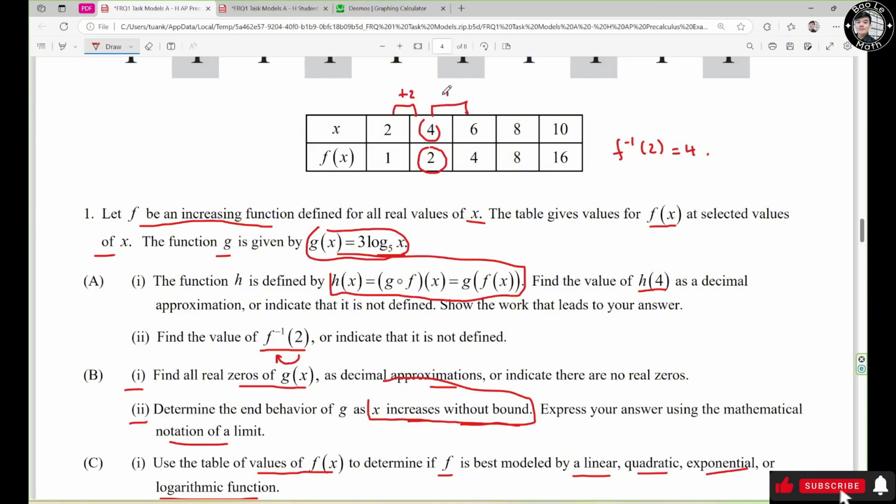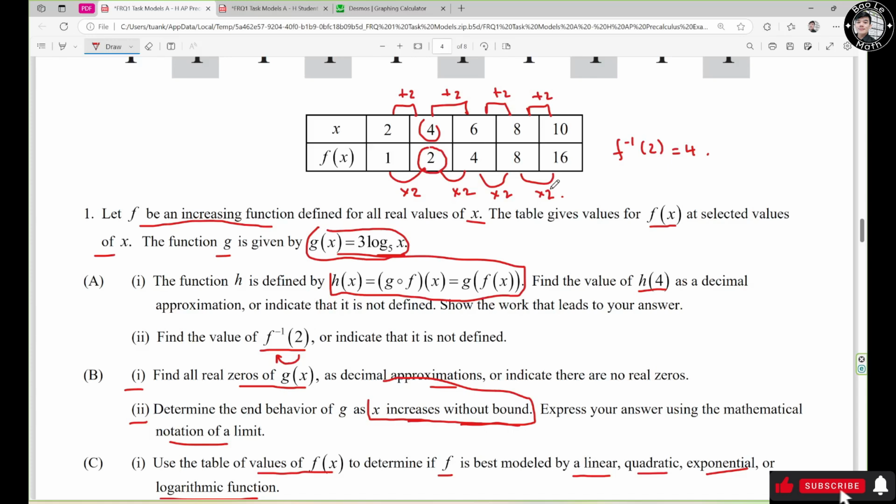This guy add 2, this guy add 2, and this guy you're going to add 2, right? In order to get 2 from 1, we're going to multiply by 2. This guy multiply by 2, multiply by 2, multiply by 2. So the function f of s is best modeled by the exponential function, right?